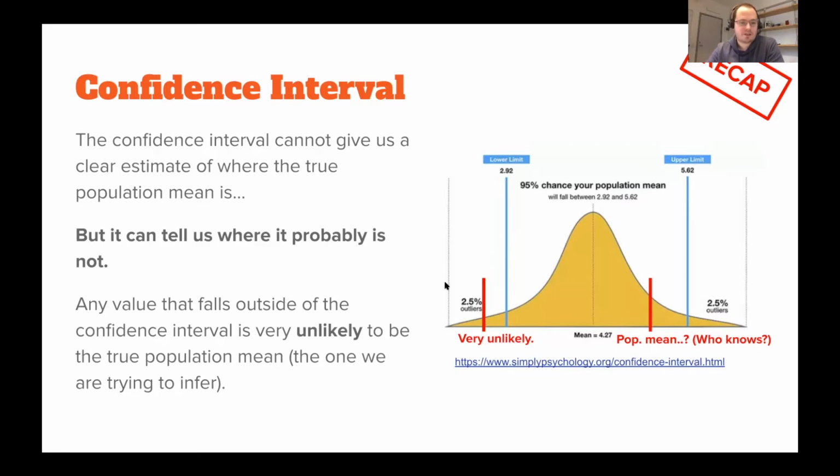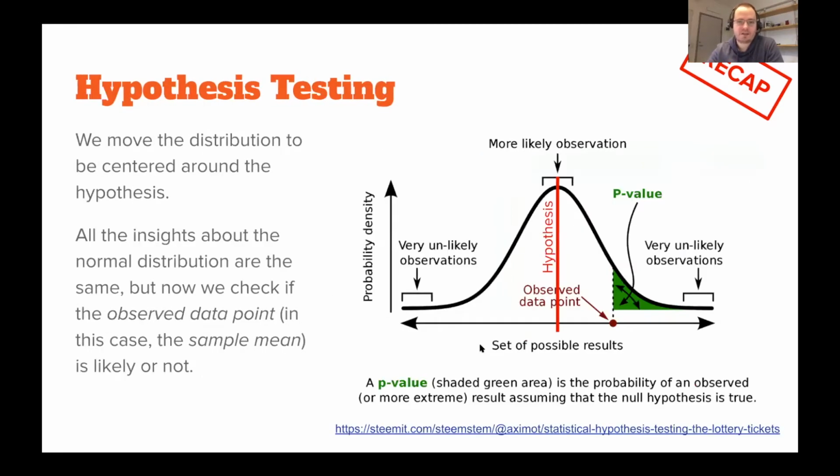And this is the main idea around hypothesis testing, because when you do hypothesis testing, basically what we do is we define this sampling distribution, or this distribution of possible values that we would observe if we repeated this sample many times.